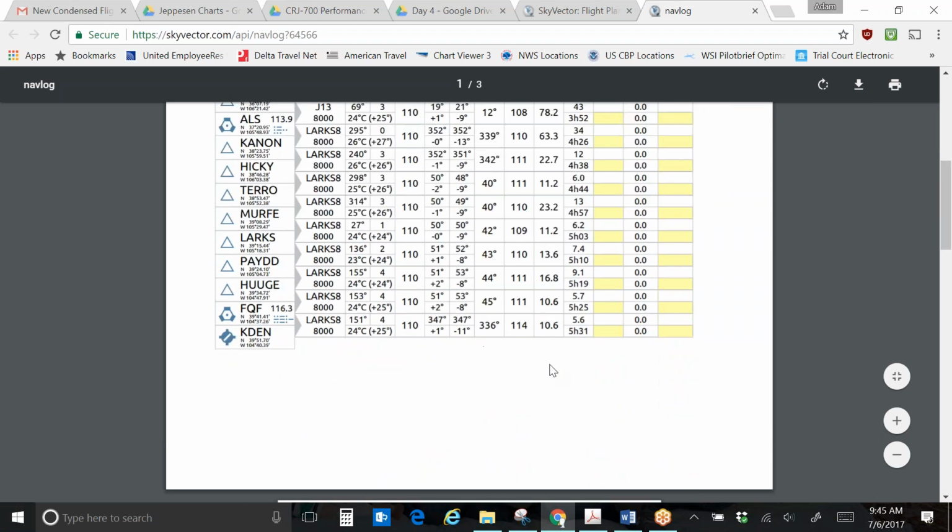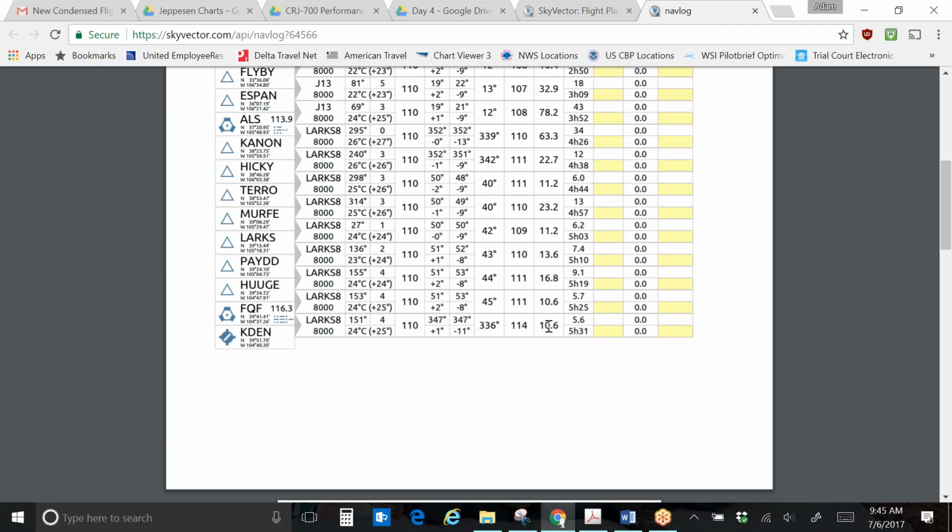Okay, so going backwards from Denver, we got 10.6 to the Falcon VOR, and then from Falcon to the Hugh intersection is also another 10.6, and then from Hugh to Paid is 16.8, from Paid to Larks is 13.6, from Larks to Murphy is 11.2.